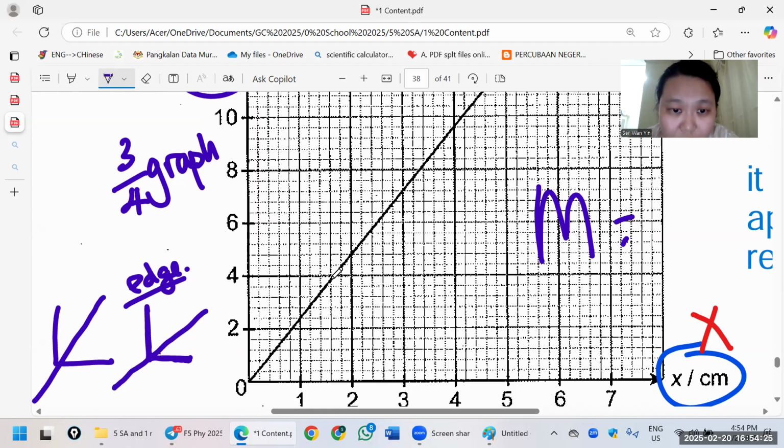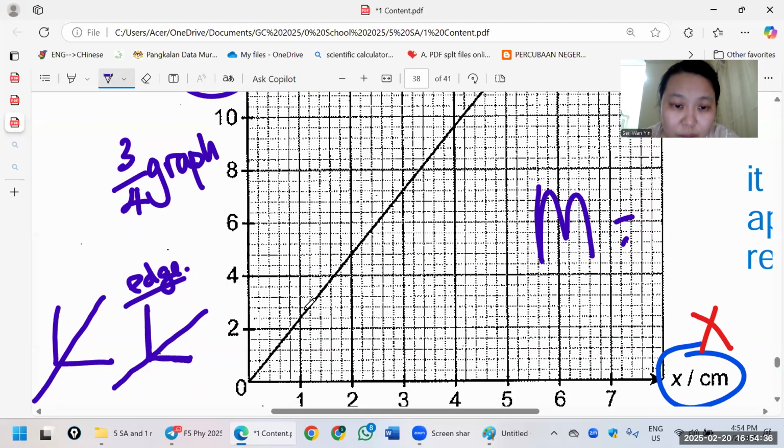So we continue. Now this point is the best. Why? You can see this point is right at the edge. This one okay, this one don't want.